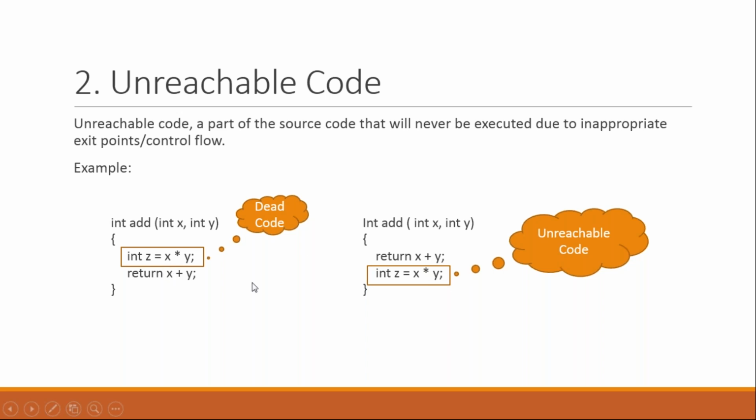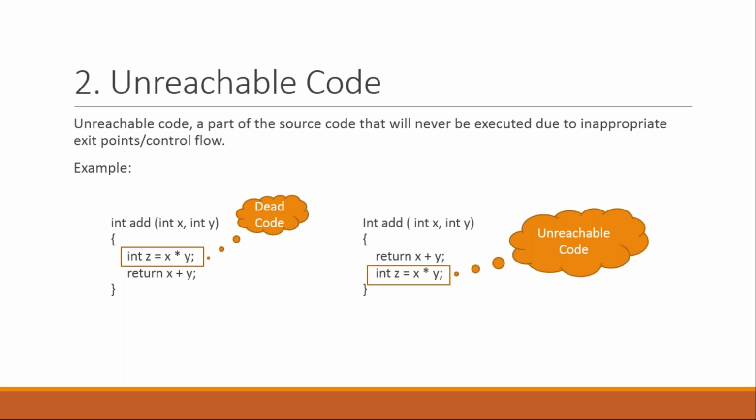Now the second part on the right-hand side, integer add integer x comma y, I just swap the two statements with each other, so I first write return x plus y. When our function returns a value, it will never visit the next line after the return statement. So integer z equals x multiplied by y is never going to be reached by your compiler.